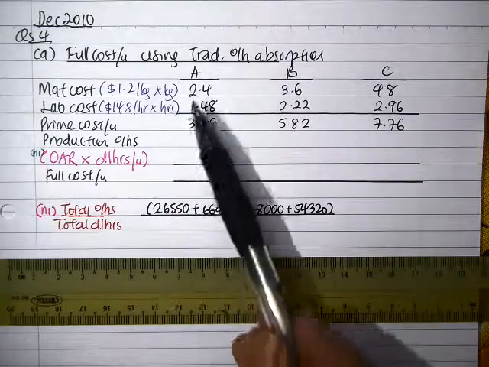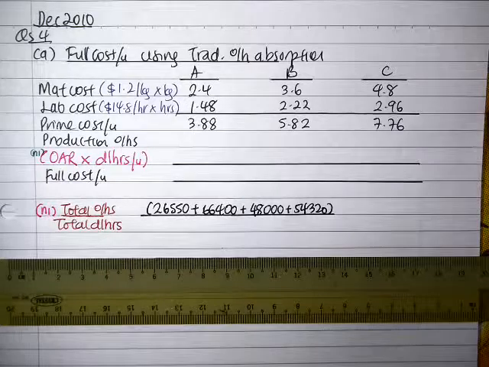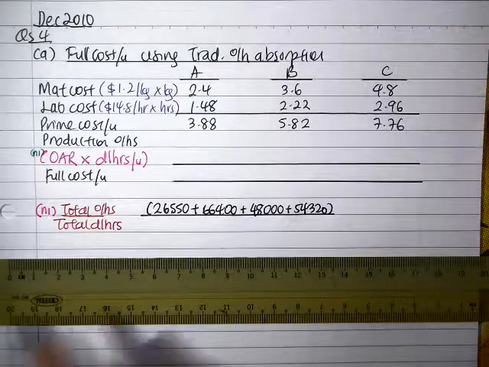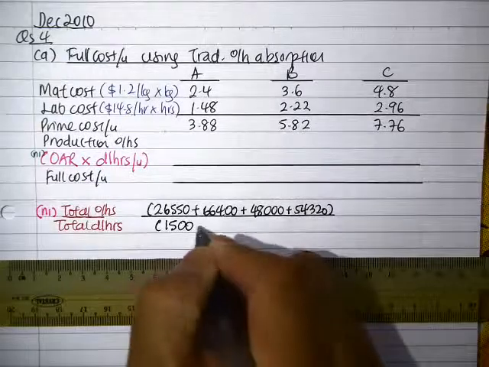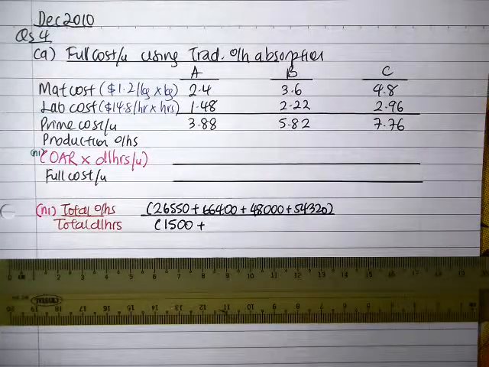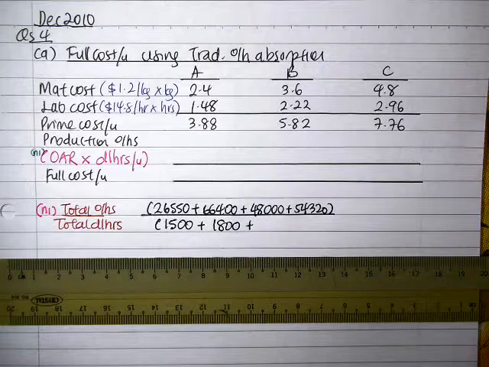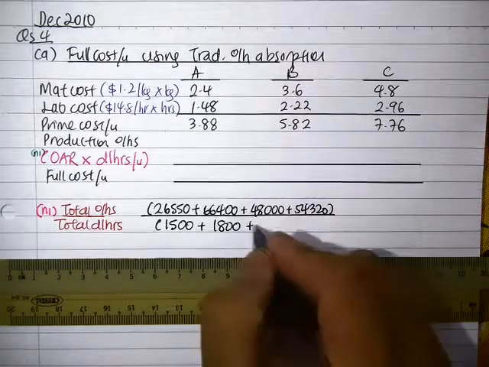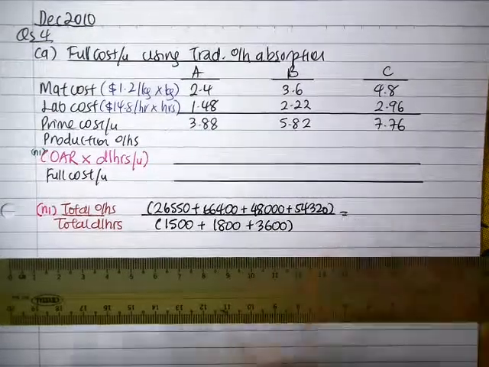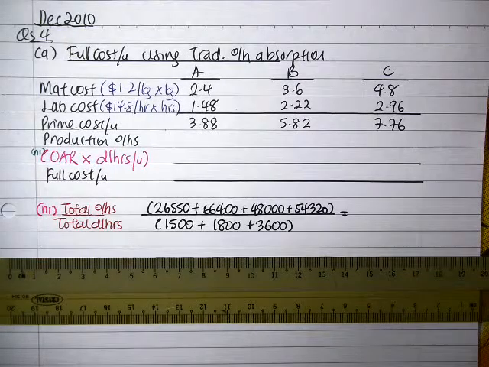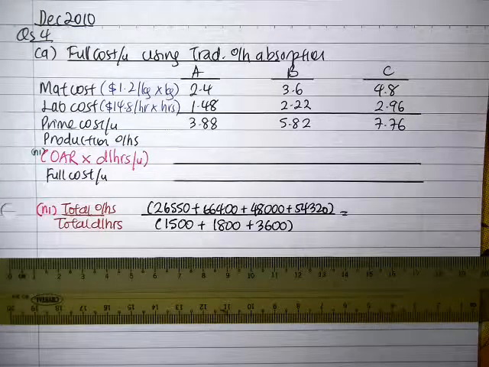Because you know how many units of ABC you're making, and you know for one unit how many hours you'll be using. So you're going to have 15,000 times 0.1, so it's 1,500 hours. And 12,000 times 0.15 is 1,800. And then 18,000 times 0.2 is 3,600. So 26,550, 66,000, 48,000, 54,320 divided by 1,500, 1,800, 3,600.